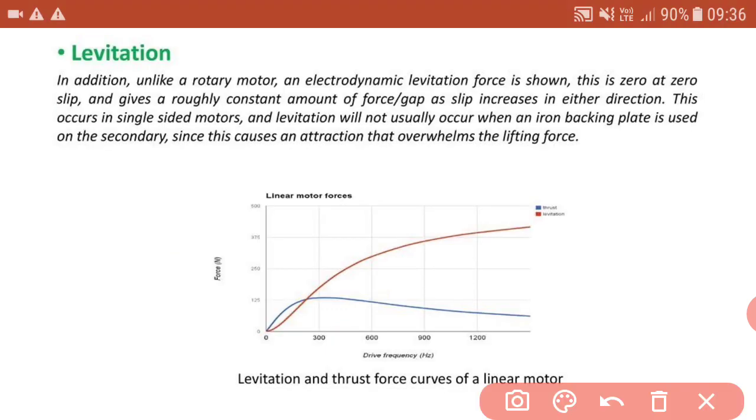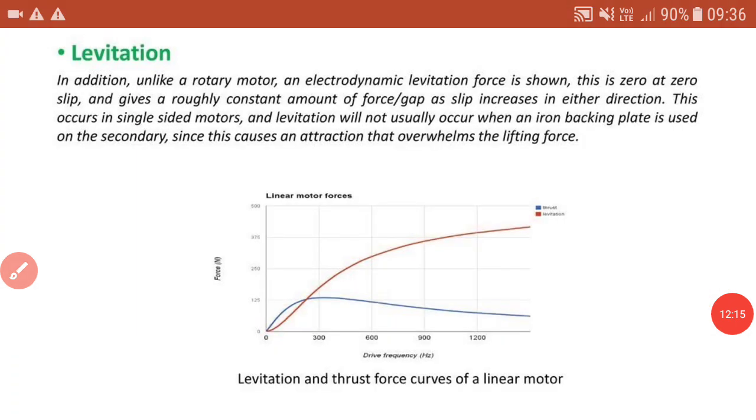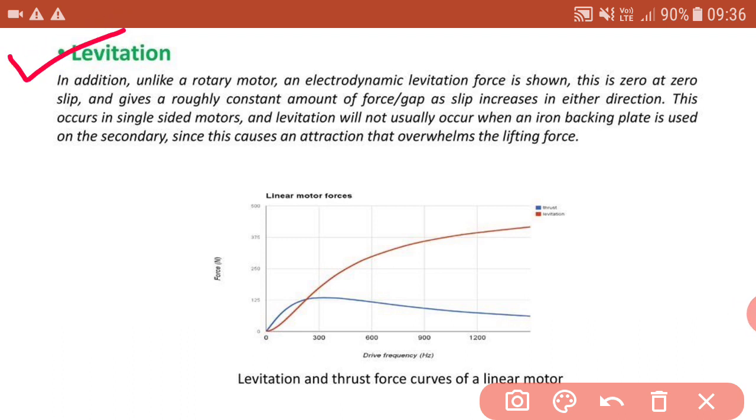Another force is levitation. We already discussed magnetic levitation in a previous lecture, so in this case also we can discuss levitation. In addition, unlike a rotary motor, an electromagnetic levitation force is shown.